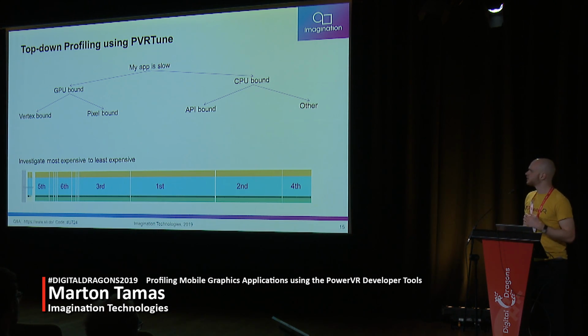So we start from that point, and then we need to identify which component is the bottleneck. The application could be CPU or GPU bound, and I'm sure in the future we might see some AI bound applications as well.